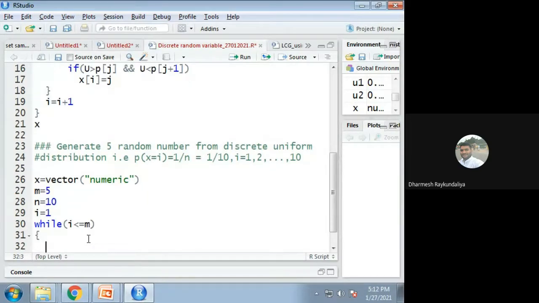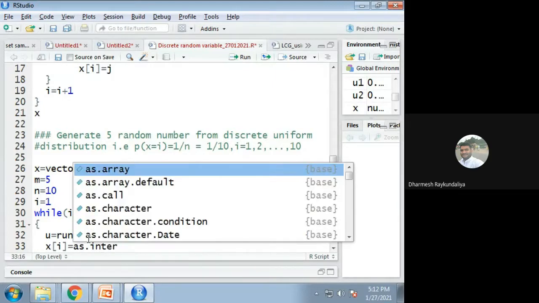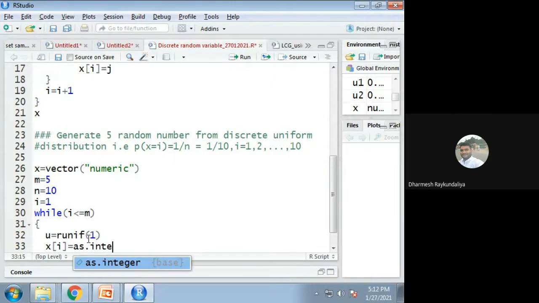I will generate u equal to runif(1). The next task is to generate x of i. x of i is nothing but as.integer of n times u plus 1.